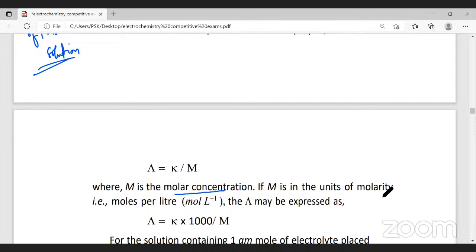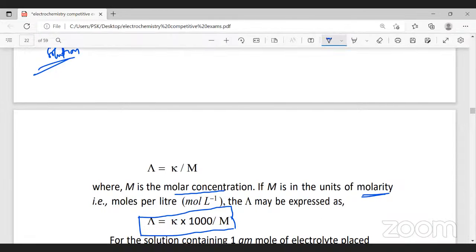If M is in units of molarity, that is moles per liter, then lambda is equal to specific conductance into 1000 divided by M. K into 1000 divided by M. That's the relationship between specific conductance and lambda.